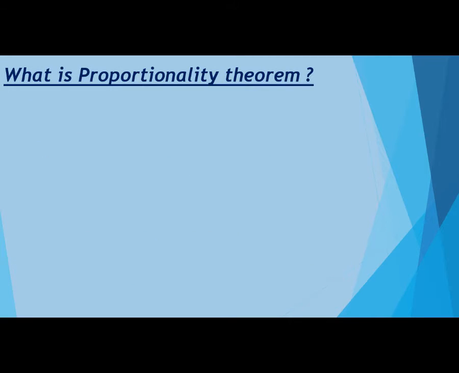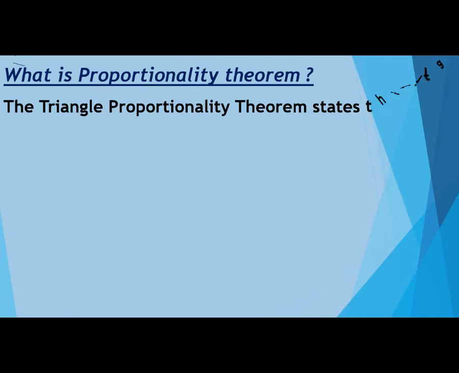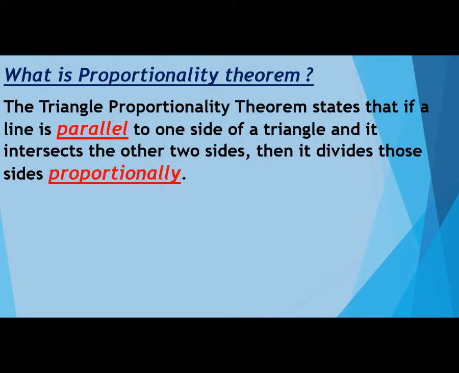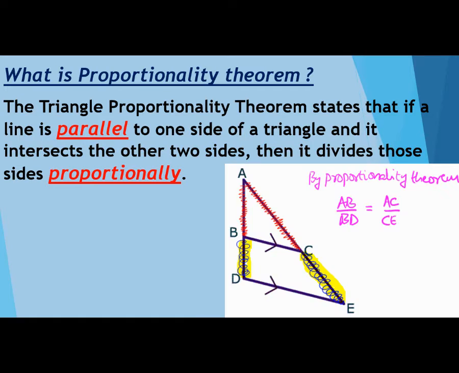Then what is the proportionality theorem? The triangle proportionality theorem states that if a line is parallel to one side of a triangle and it intersects the other two sides, then it divides these two sides proportionally. Here is an example. By the proportionality theorem, I see that BC is parallel to DE.